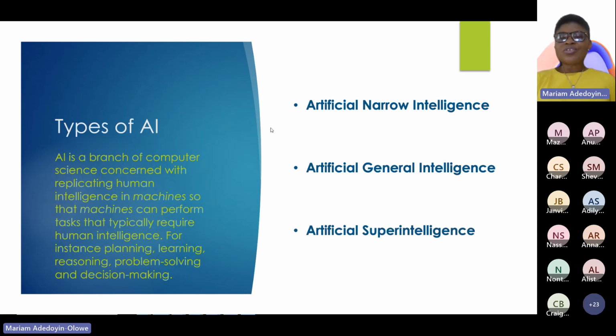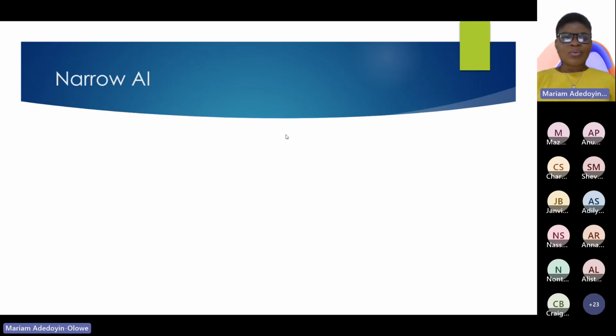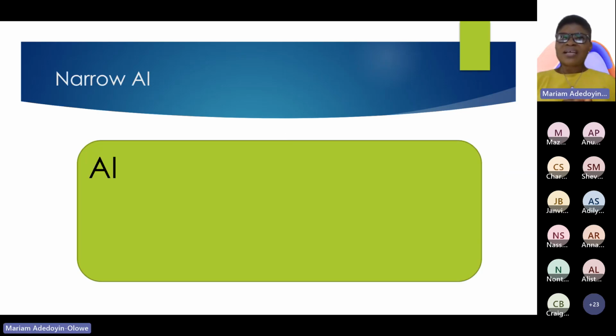So the artificial narrow intelligence is asking or programming a machine to be able to carry out a specific task. So it's a directed task.